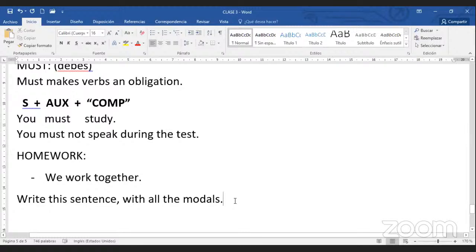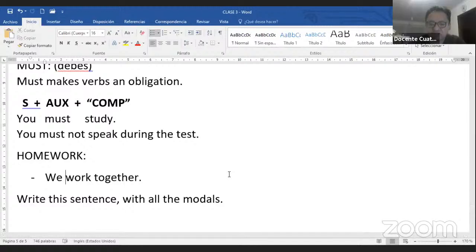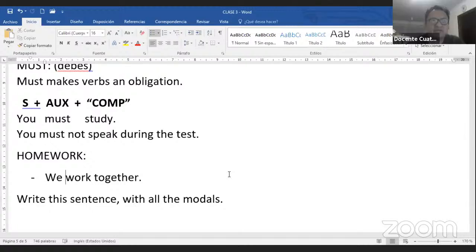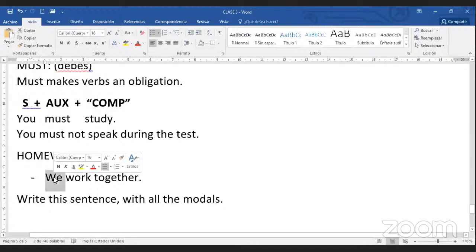Good, good, good. Yes. Could we? No. Sentence. No question. La primera palabra de una oración sentence es subject.